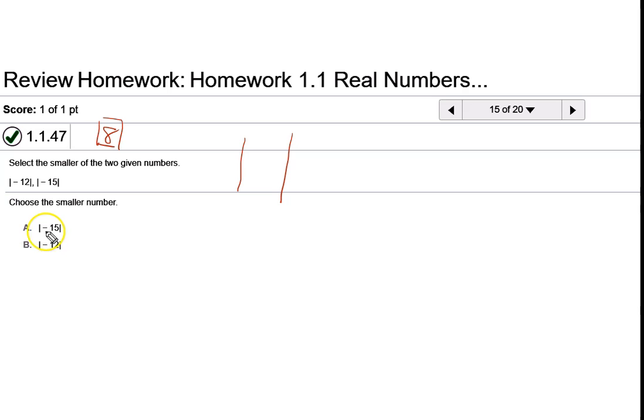The absolute value of this is 15. The absolute value of this is 12. So the smaller, in this case, would be letter B.